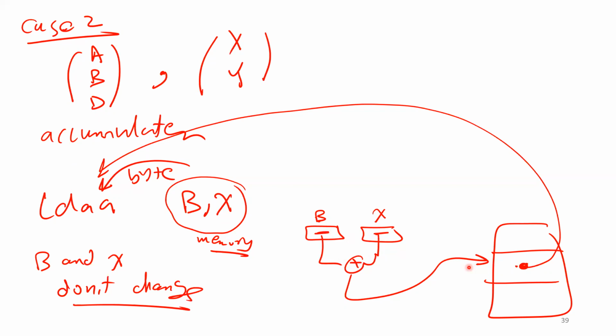Is that okay? So again, this instruction is not going to change X or B, right? I'm just gonna add whatever is here in order to get the address, and then read the byte from there.